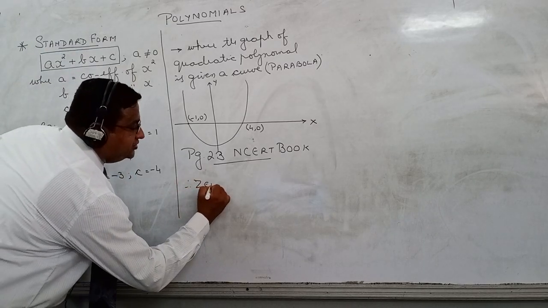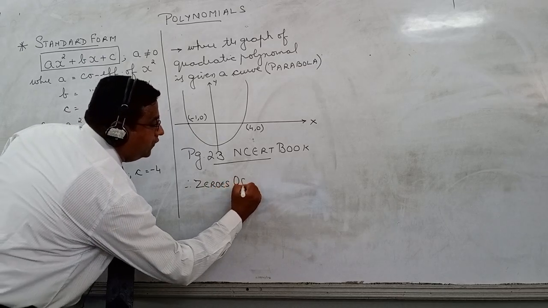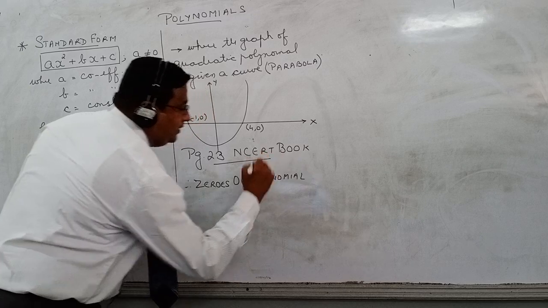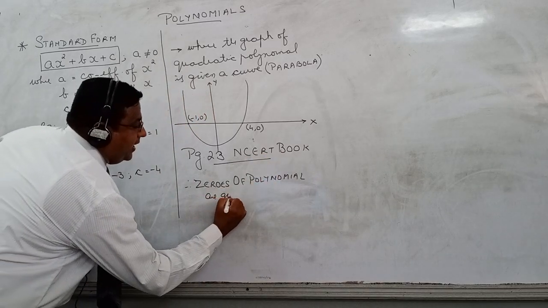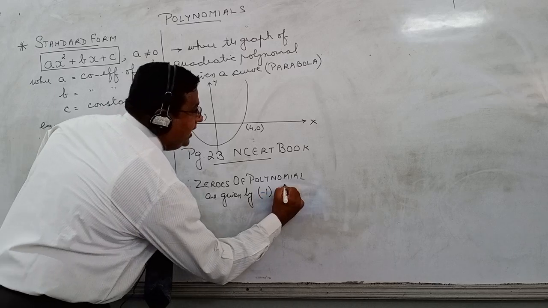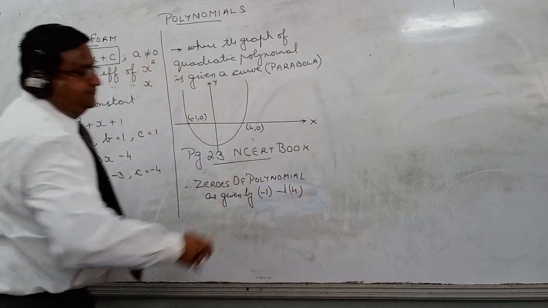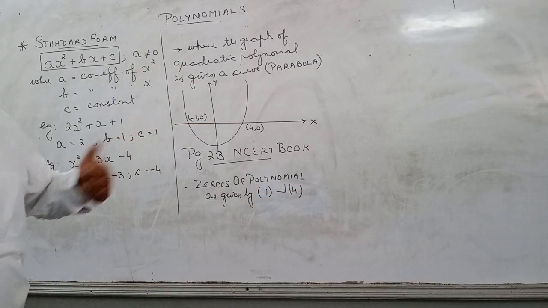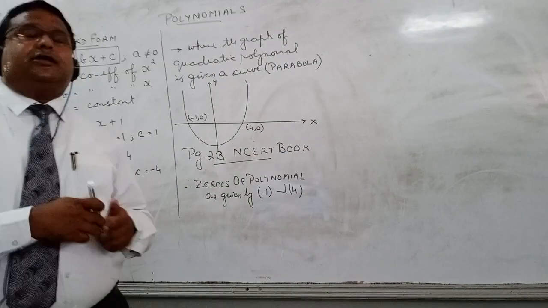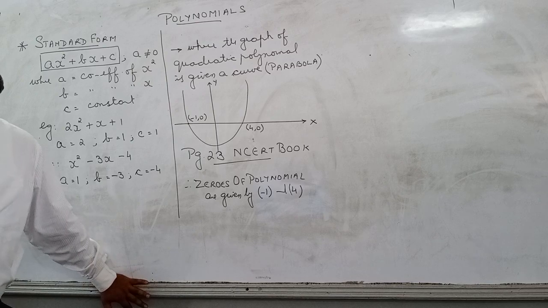These 2 points are called the zeros of the polynomial. So the zeros of the polynomial are given by minus 1 and 4. And what is the equation of this polynomial given to you? It is x square minus 3x minus 4. You can check the table.